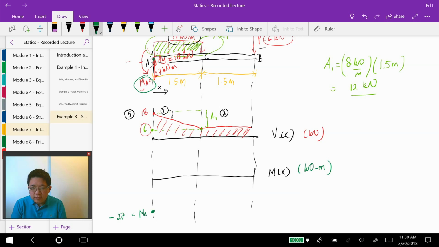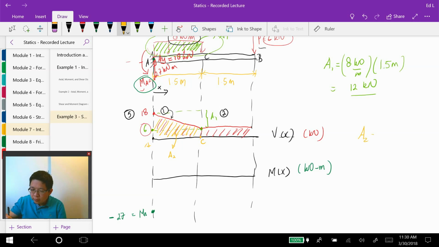And afterwards, we can apply rule number 4, which states that the change in the moment diagram is equal to the area under the shear diagram between the 2 points. Let's say that right now we evaluate point A and point C, and we calculate this area and call it A2.